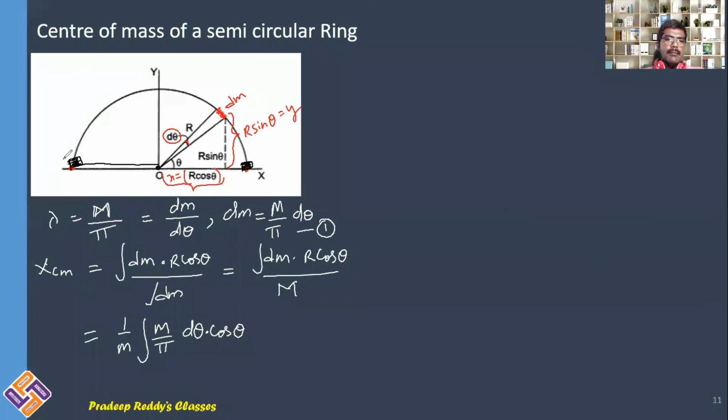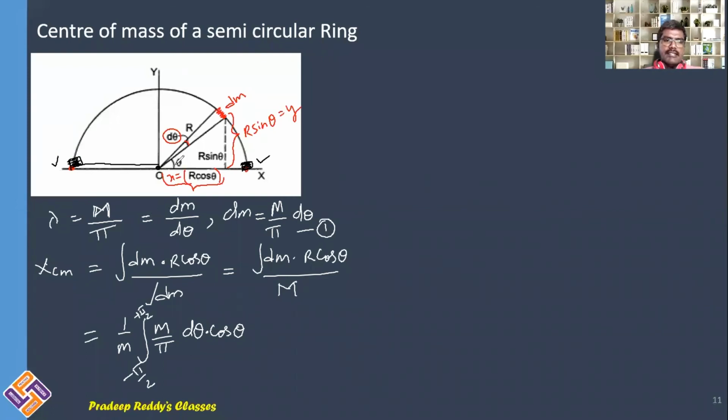So you can take limits from this position to this position. If it is along the x-axis, the total angle is 180 degrees. Then what about this half part? It is minus pi by 2 to plus pi by 2, the angle subtended with respect to the y-axis.